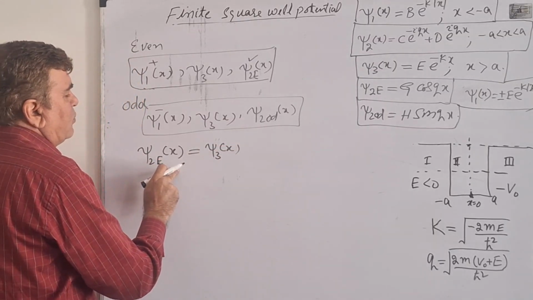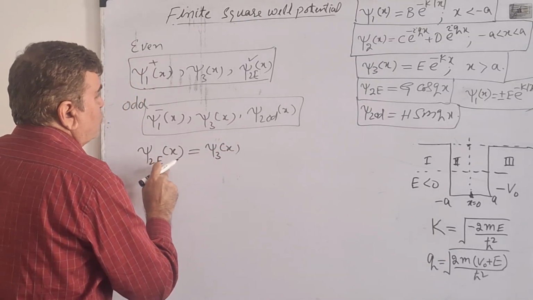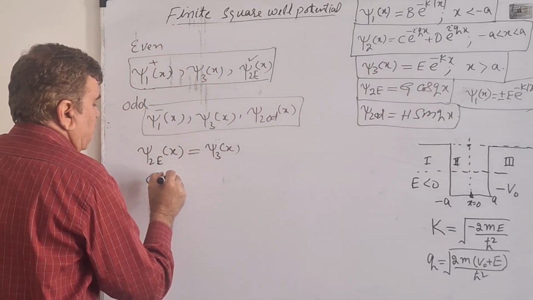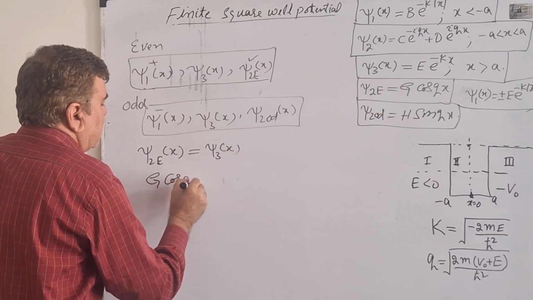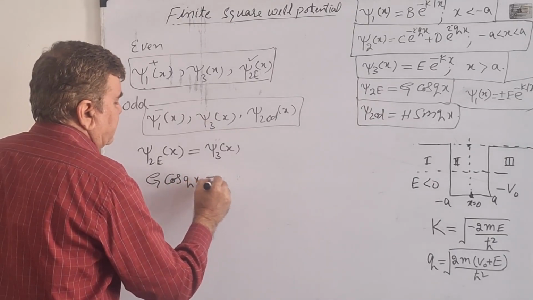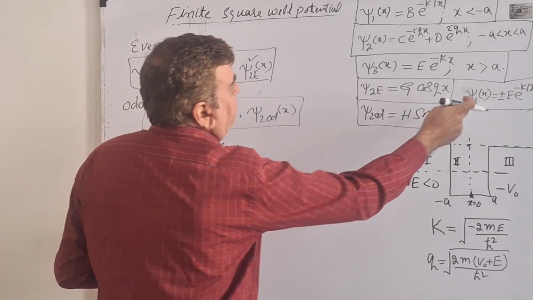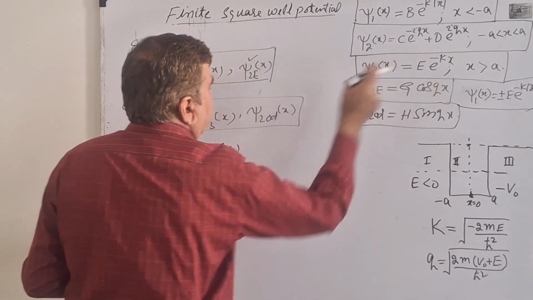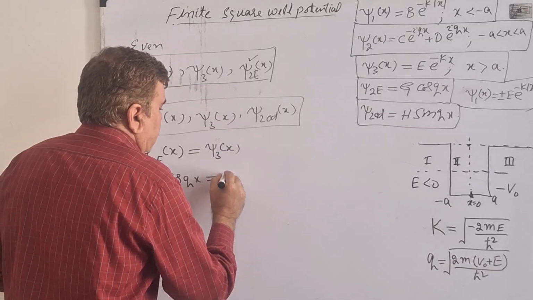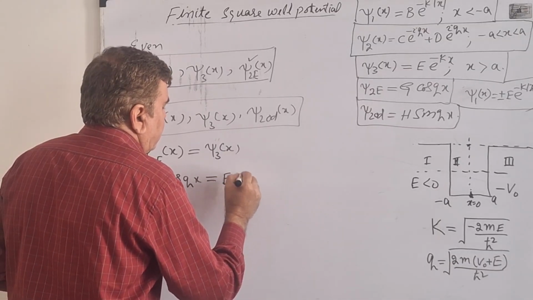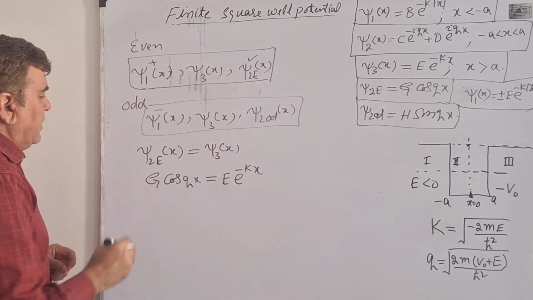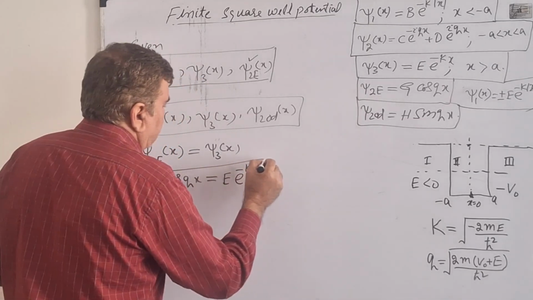And if I put the values, I get psi 2e equals g cos qx, and this equals psi 3, which is in fact equal to this thing. I put that e into exponent minus kx. This is one equation.